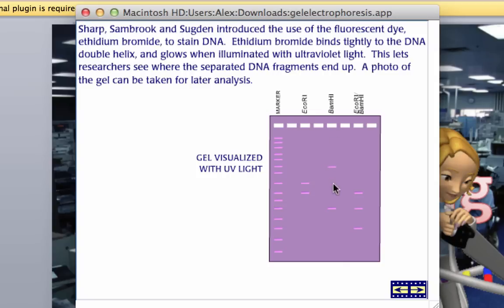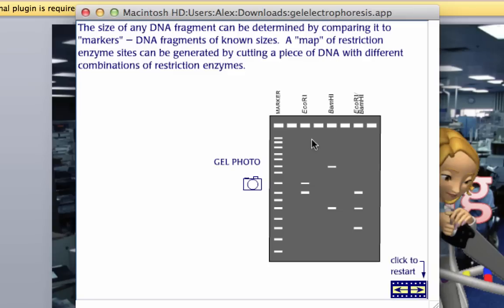So I can conclude this was the negative, this was the positive side, and then these are DNA fragments that were cut. These names up here represent the different types of molecular scissors called restriction enzymes that we're going to see a little bit later in subsequent videos as well. But that is one of the main functions. Then we can take a picture of the entire thing and analyze it.